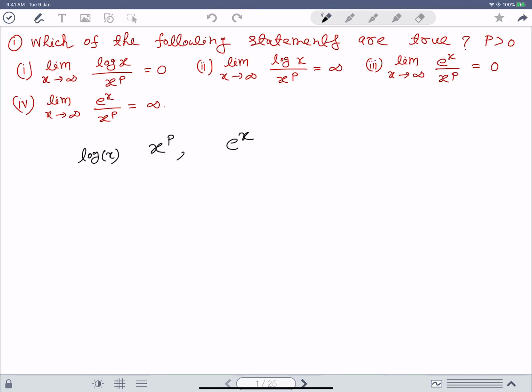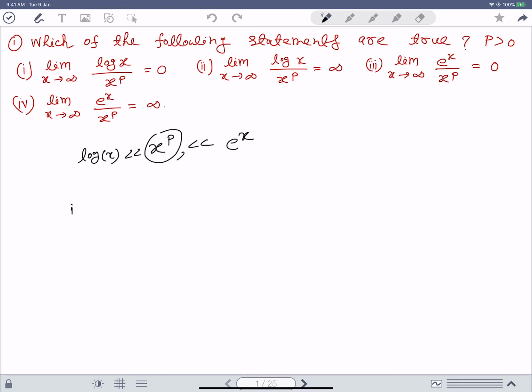That means x to the power p is faster than log x for any p, even if you take p very close to 0 but positive. And also if you choose a very large p, still e to the power x will be faster than x to the power p. Even you can use the L'Hopital rule as well, right.